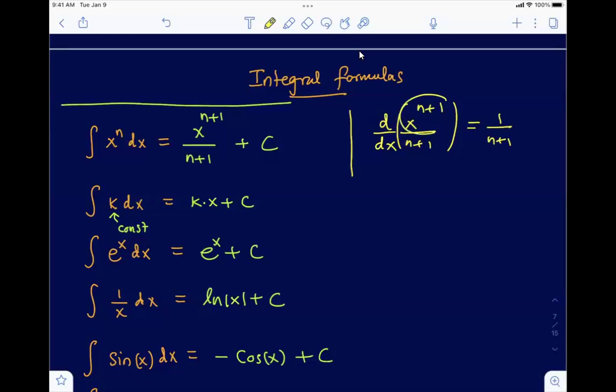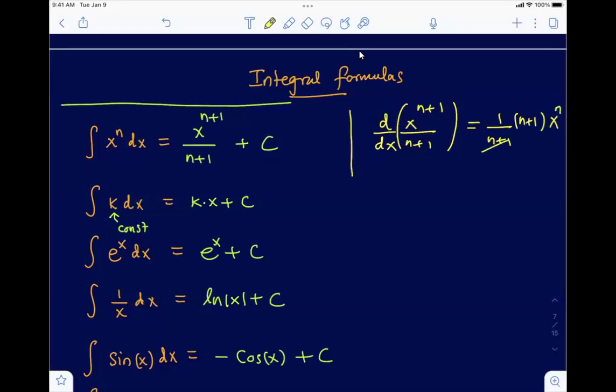And then take the derivative of this component, which is a power. When you do that, n plus 1 comes to the front because the power is brought to the front in the derivative form of the power rule, and then x to the whatever that exponent n plus 1, and then subtract 1 from that. That will result in just x to the n.